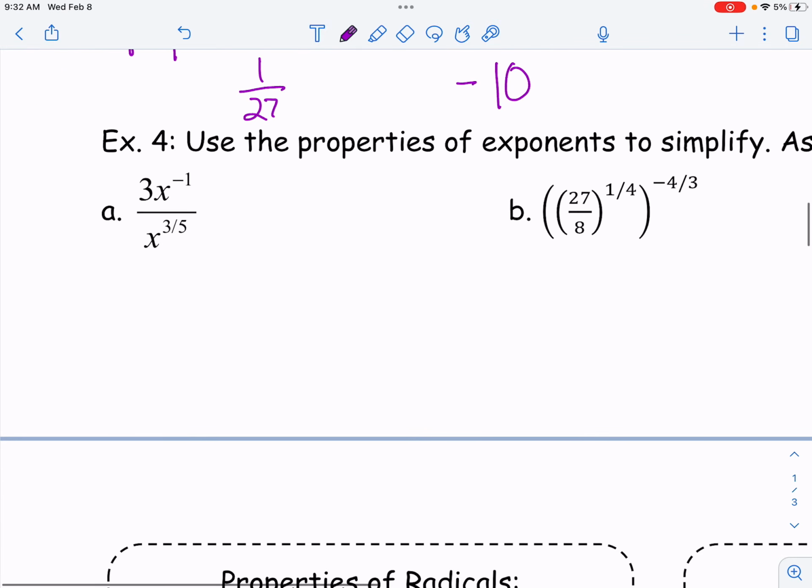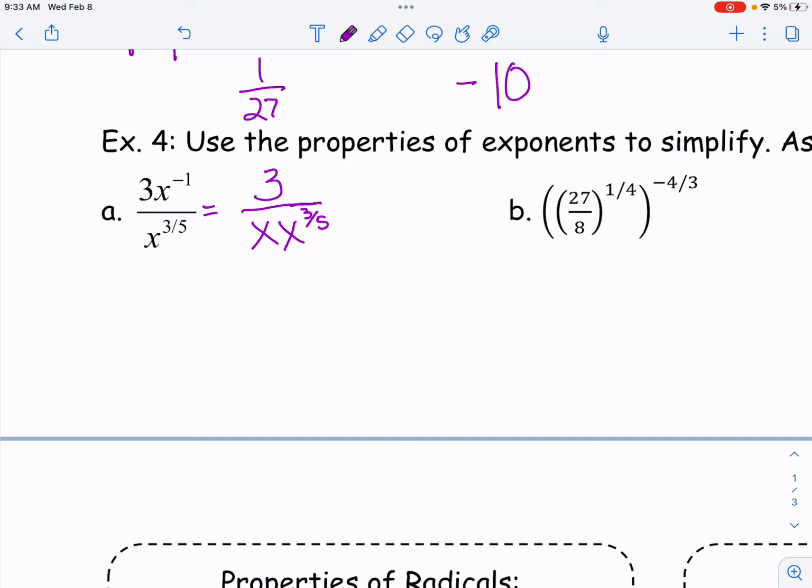So I'm going to move my x down to the bottom because it's negative, and I have x to the 3/5. Well, I cannot have a rational exponent. I need to do what I need to do to make it equal to the next closest whole number.